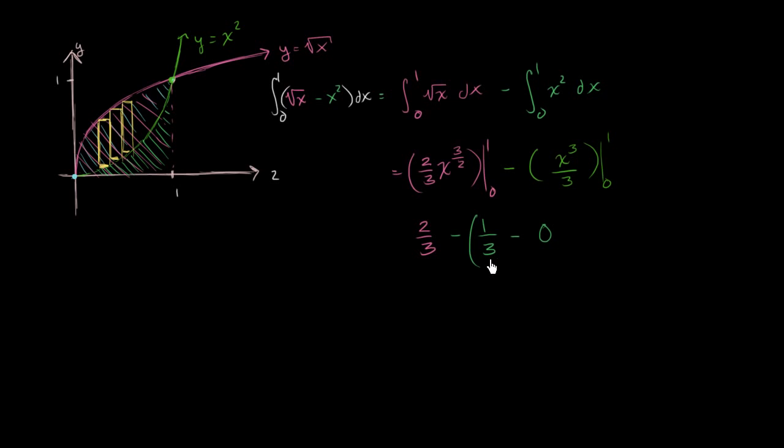But this whole thing simplifies to just subtracting 1/3. And there you have it. We get our answer. 2/3 minus 1/3 is equal to 1/3. So this area right over here, whatever units we're using, is 1/3 square units of area.